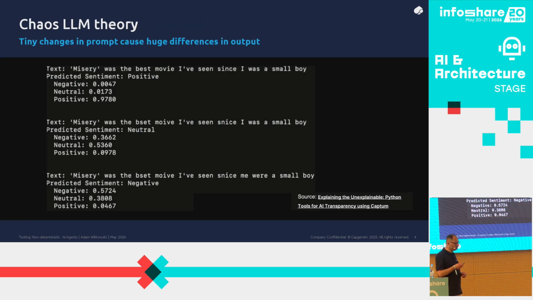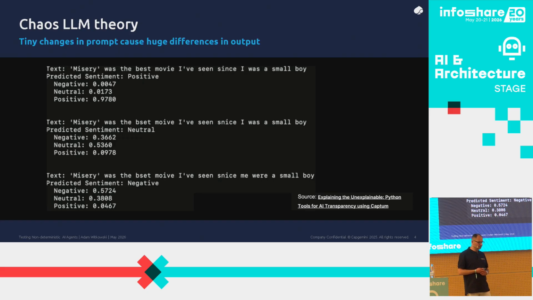And I want to show you the chaos theory applied to LLMs. Here the same prompt is repeated 3 times with only typos as differences. There is a typo in the word movie, and there is a typo in best. And the target here for the LLM is sentiment analysis.